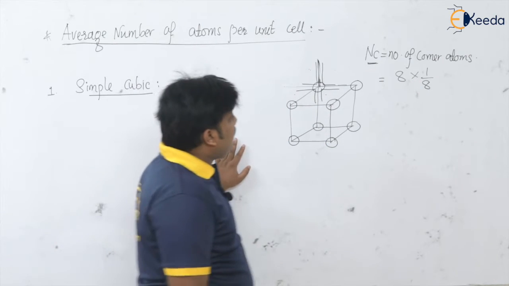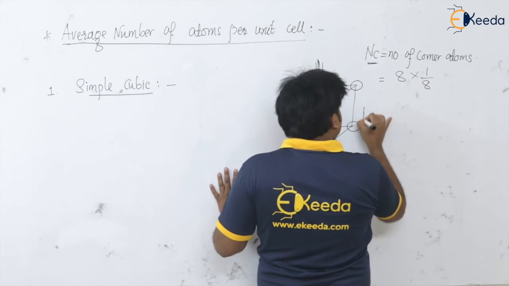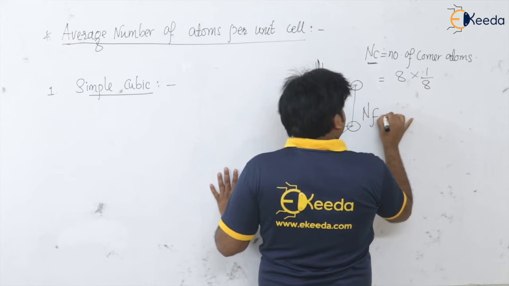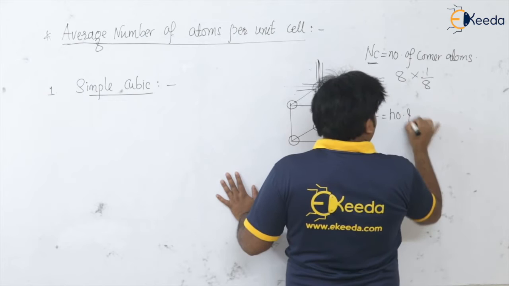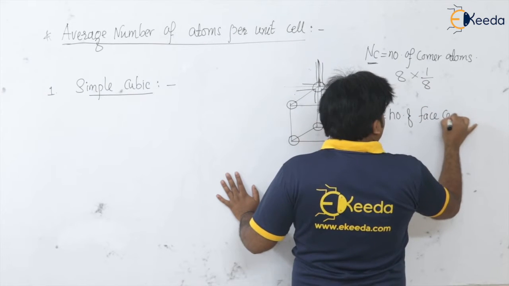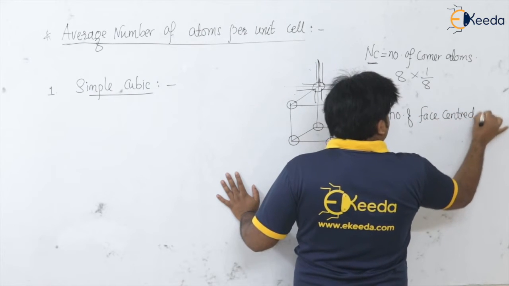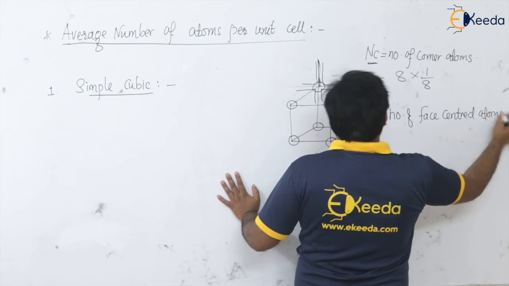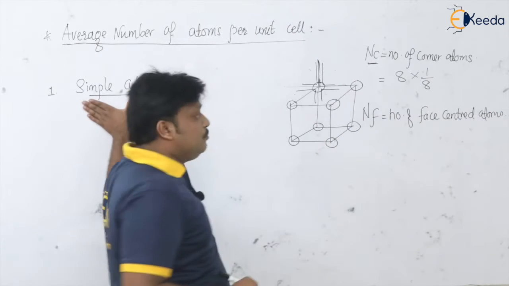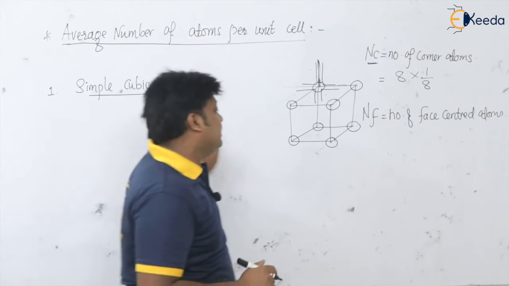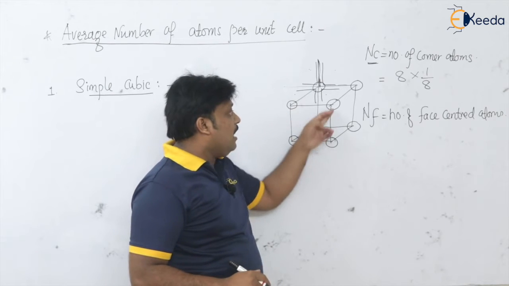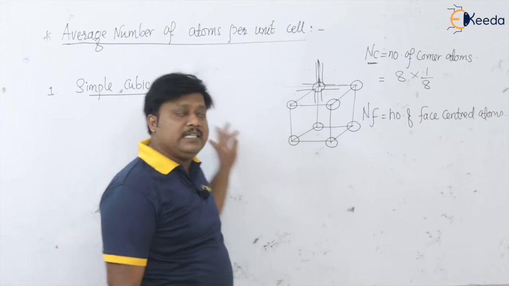Okay. Then we are having the Nf, that is the number of face centered atoms. Of course we are seeing the simple cubic, so in simple cubic there is no atom on the face, only 8 corners. How many atoms at the corners? 8 atoms.